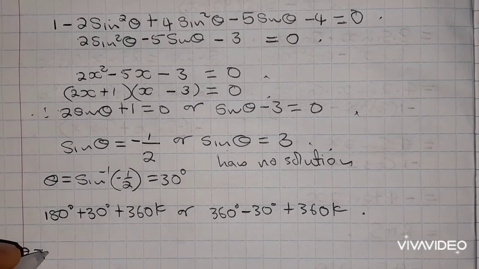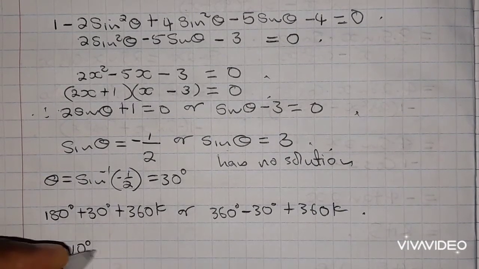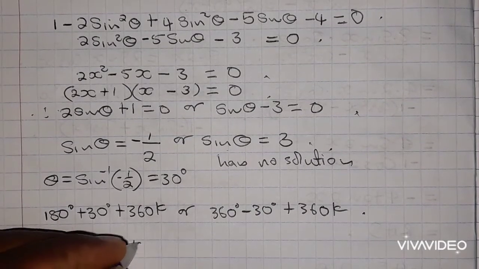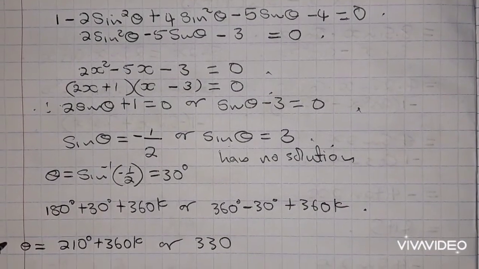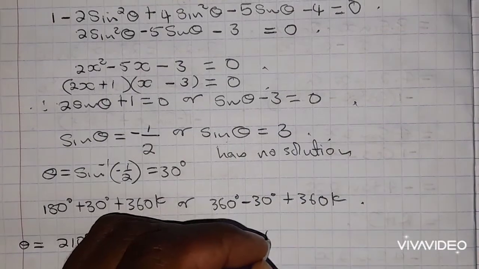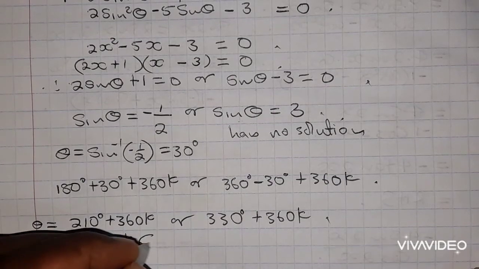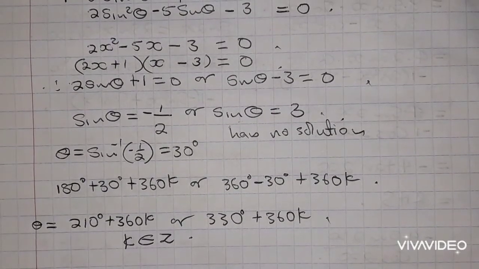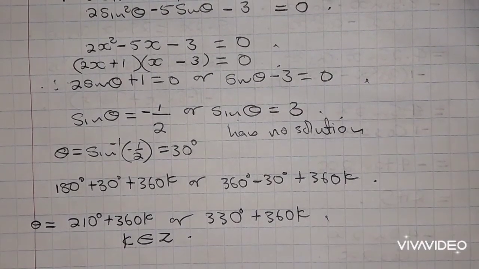Our theta then is equal to 210 degrees plus 360k, or 330 degrees plus 360k, and this k is an element of Z. You should never forget to mention this one. That's our trigonometry. Enjoy.